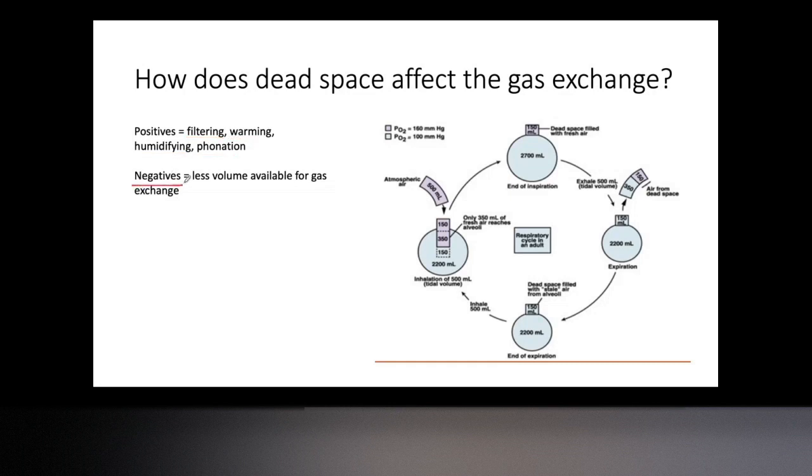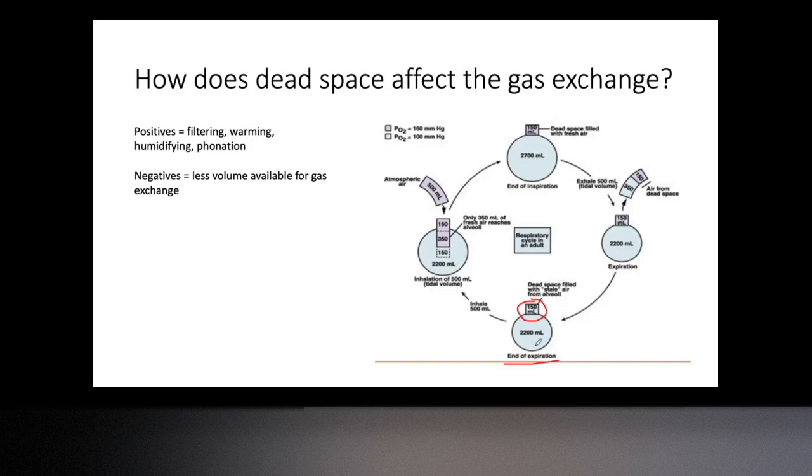And the negative is that there is less volume available for gas exchange. As you can see here, this is the end of expiration. At the end of expiration, the lungs are at minimum volume, and the dead space takes about 150 ml.